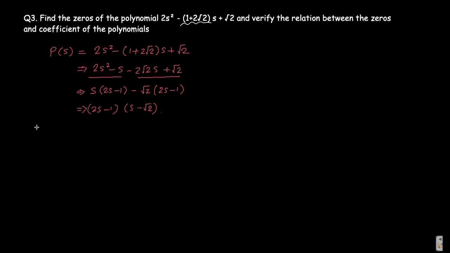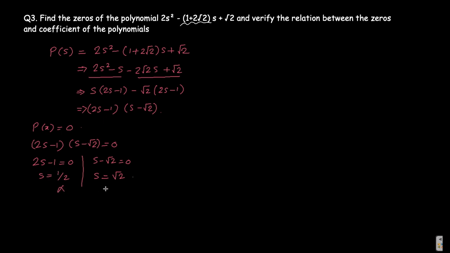Now as p(s) is the polynomial, you have to find the zeros. p(s) becomes 0, that means (2s minus 1) into (s minus root 2) becomes 0. Taking one by one, 2s minus 1 becomes 0, so s becomes half, and s minus root 2 becomes 0, then s becomes root 2. So the zeros are, this is alpha, this is beta. Now we can verify alpha plus beta.